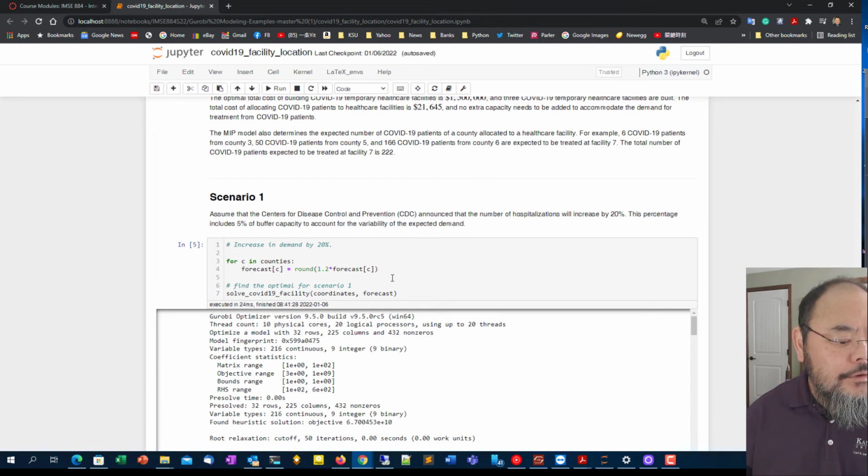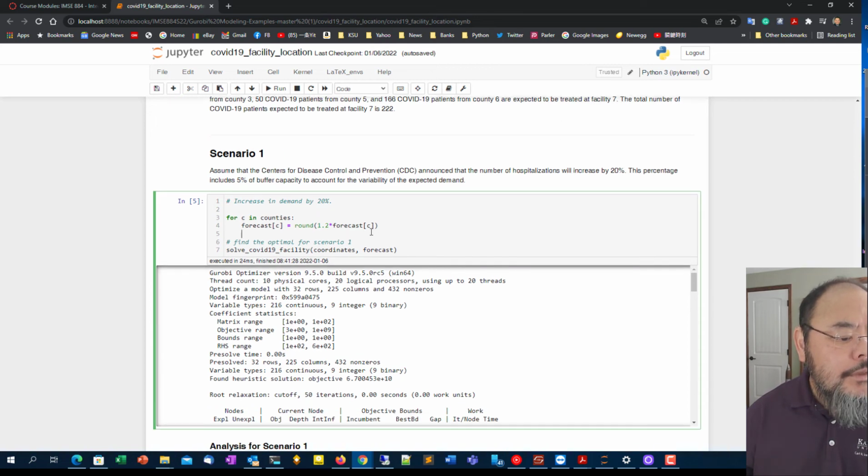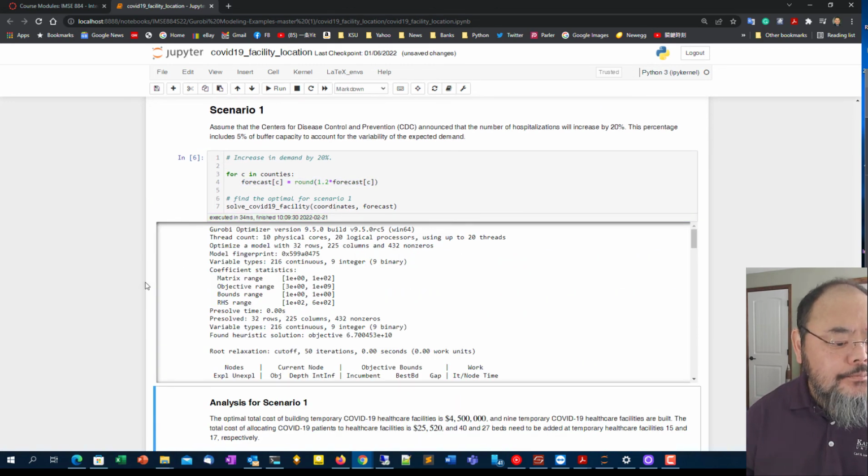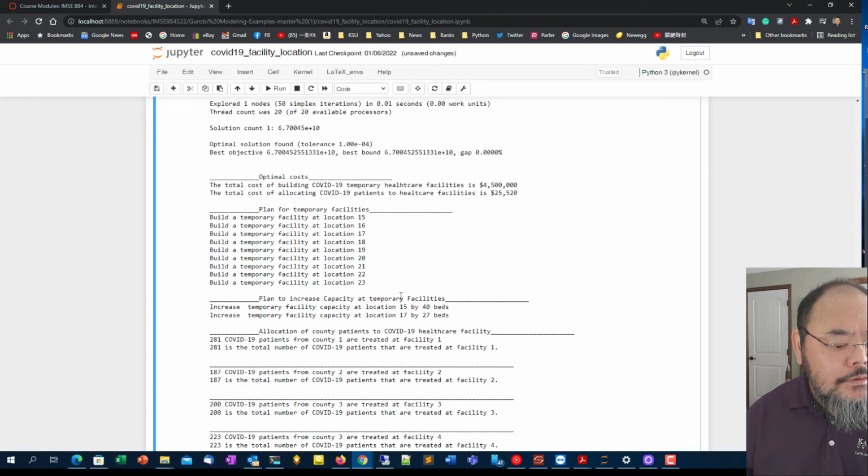So here what we do is we're trying to do the forecast portion for the county by 1.2. So it's a 20% increase. This is very simple. And then we resolve the problem again. Okay, so we resolve the problem, and this is the plan for the facilities. So it's a $4.5 million setup cost.